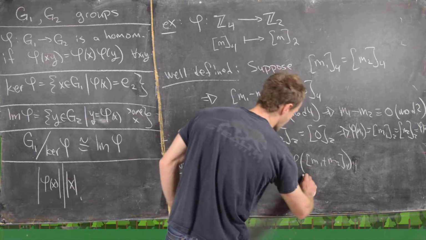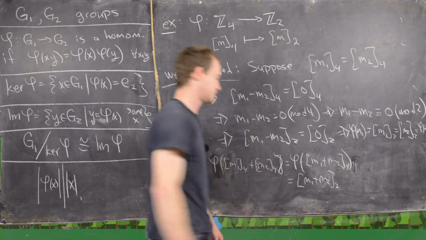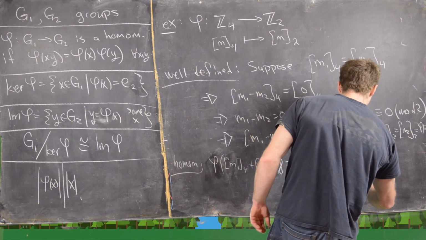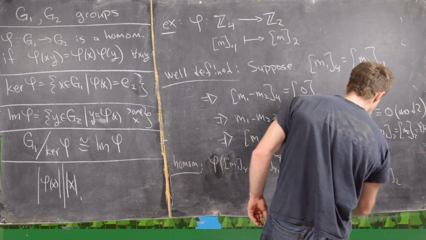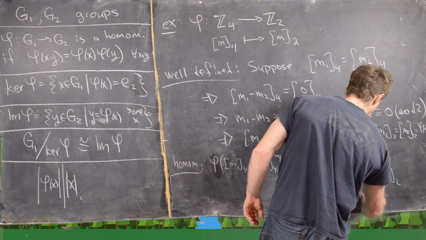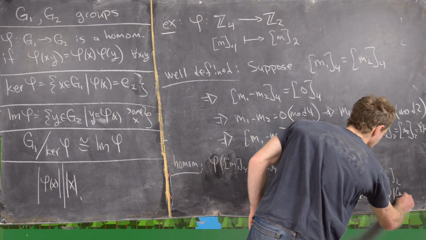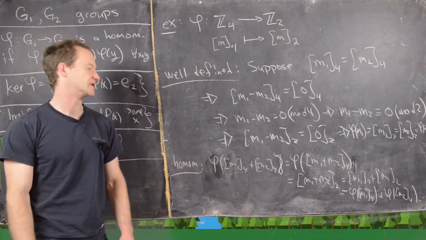But by our map, that's defined to be [M1 plus M2]2. But that's going to be equal to [M1]2 plus [M2]2, but that's going to be phi of [M1]4 plus phi of [M2]4. So it is in fact a homomorphism.